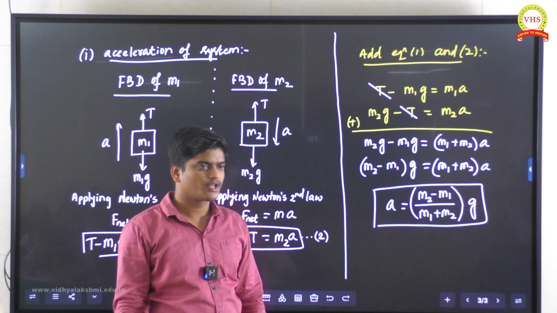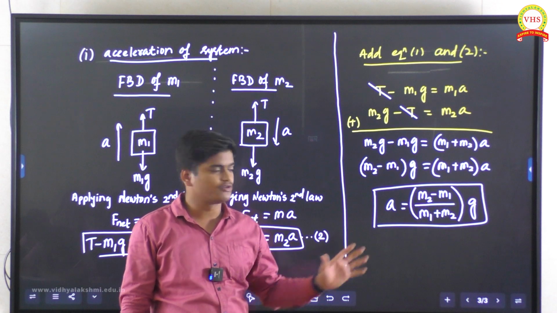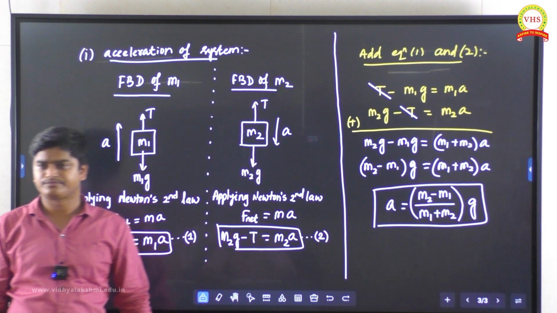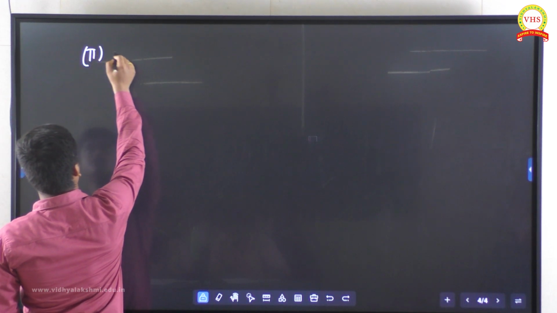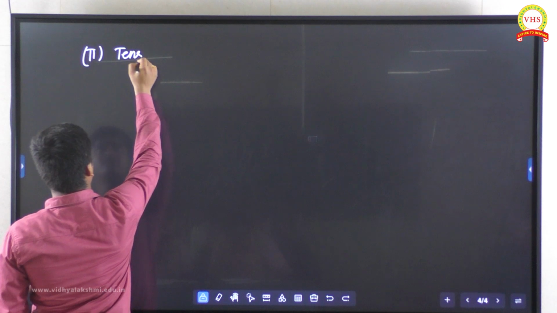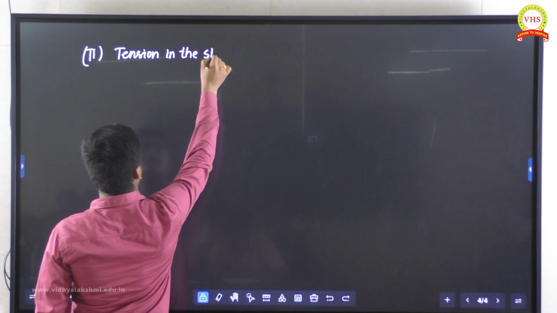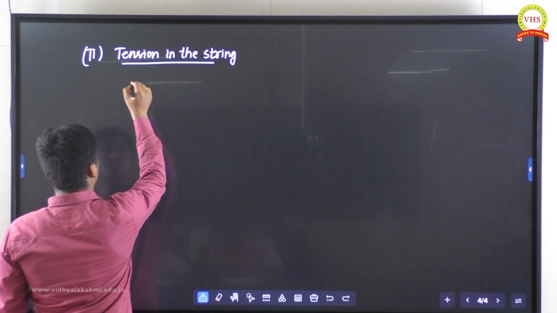Clear, boys? Remember this direct formula to solve entrance questions, and remember the derivation for your school exam. Yes or no? Now to find the tension in the string, write second part, tension in the string. What will be the tension?